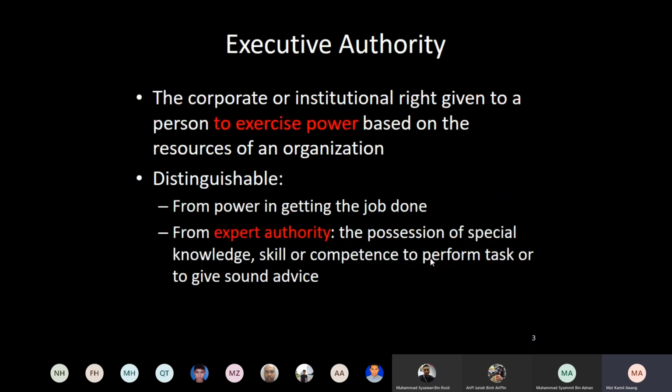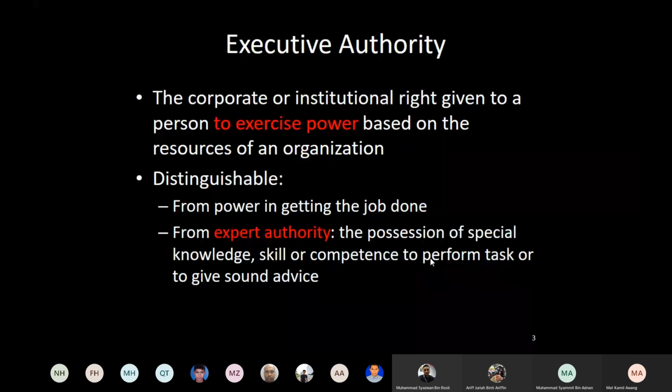Okay, the executive authority: the corporate or institutional right given to a person to exercise power based on the resources of an organization. This is the meaning of executive authority. It is a right given to a person, and they exercise this power based on the resources of the organization.